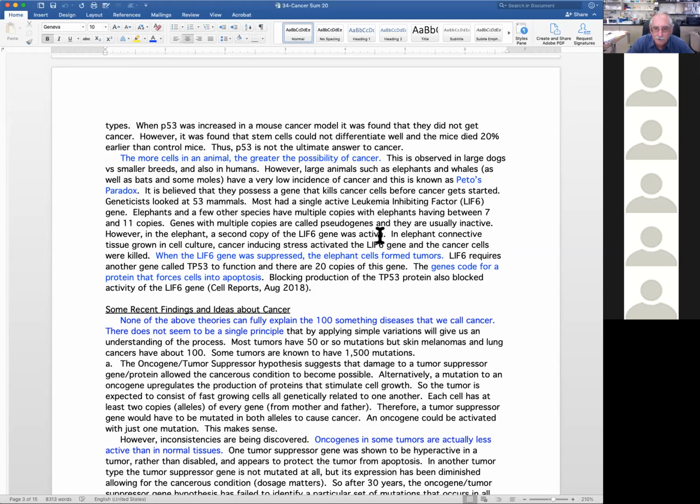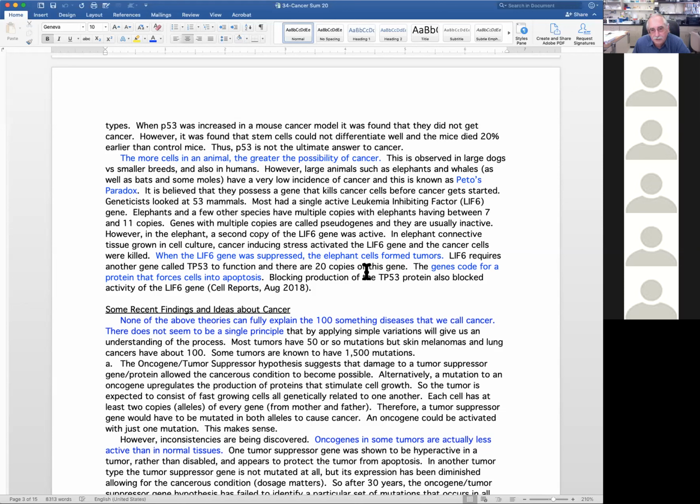So when they took elephant connective tissue and grew it in cell culture, cancer-inducing stress activated this gene and the cancer cells were killed. When they suppressed that gene, the elephant cells formed tumors. They also found that the activation of this gene requires another gene to function, and there's 20 copies of that gene.